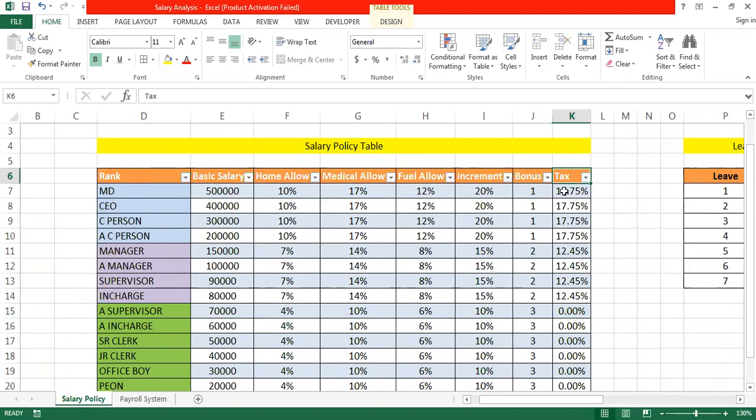In the eighth column, we have the tax rate with respect to the reference column 1, rank. So first, in order to fetch this tax rate, I'm going to apply the same formula which we applied for home allowances, medical and fuel, and increment and bonus.